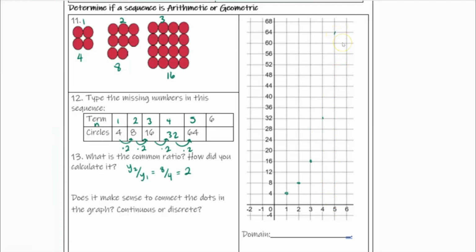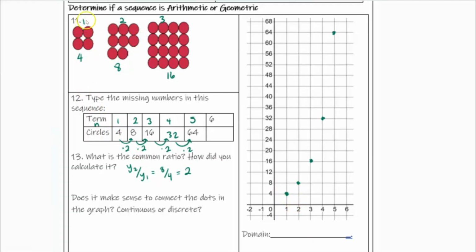All right. So now the question is asking, basically, is this continuous, which means I connect all the points, or is it discrete, meaning I just leave it just the way it is without connection? The way to understand this is whether you can have whatever is in between the dots. For example, in this example, can I have 1.5? Here I have a set of sequences.